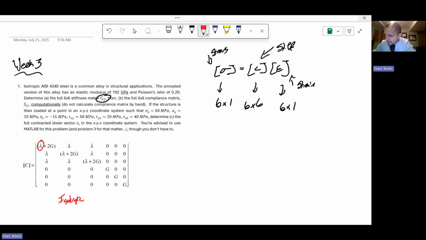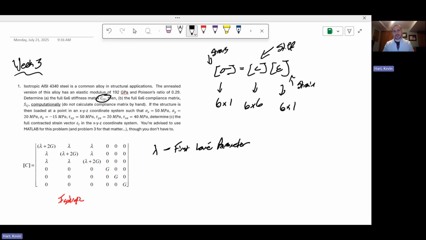You see this lambda here and G. G, you probably know, is the shear modulus. Lambda, you probably don't know. Lambda is called the first Lamé parameter. It's just a variable that gets used because it's very convenient for this form of the stiffness matrix. So it's called a Lamé parameter.